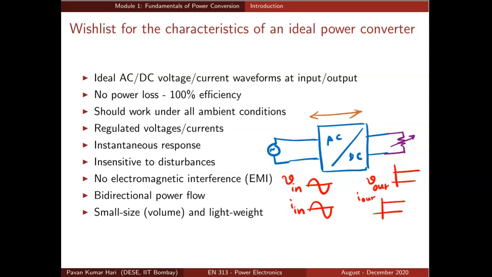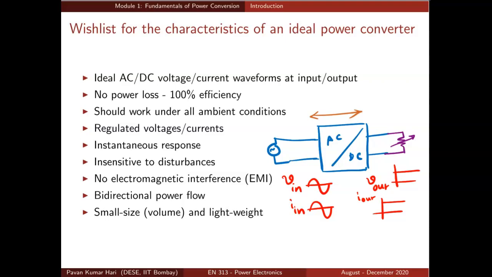The response time becomes finite and the insensitivity to disturbances becomes limited. There will be electromagnetic interference and additional circuit elements have to be added to a power converter to make sure that the surrounding equipment are not affected due to this interference. All the power converters need not allow power transfer in both directions, and in many cases size reduction of a power converter becomes a big challenge.